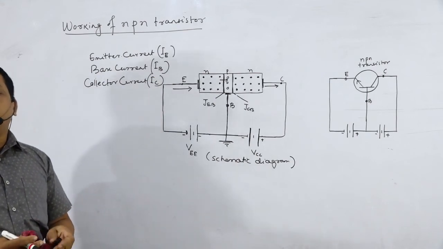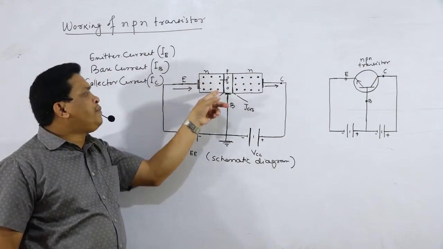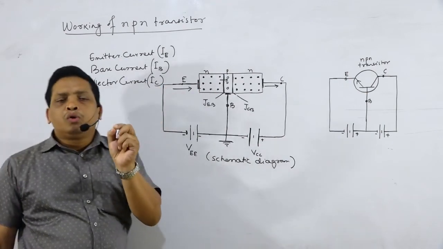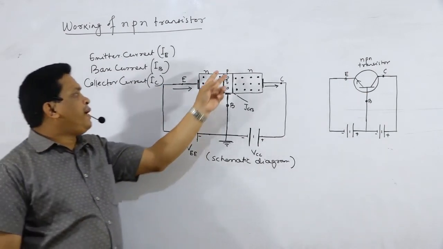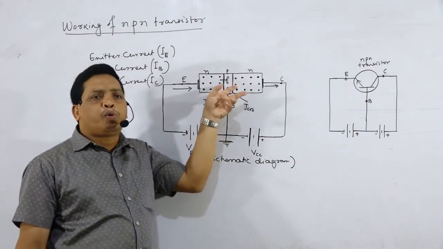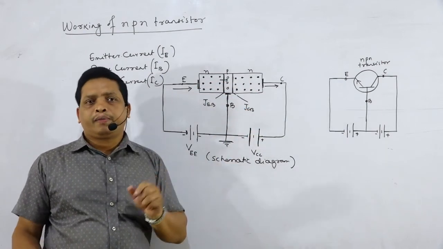Emitter current flows due to the flow of electrons in the n-type emitter. Base current flows due to the electron hole combination taking place in the base region, and collector current flows due to the flow of free electrons in the n-type collector.